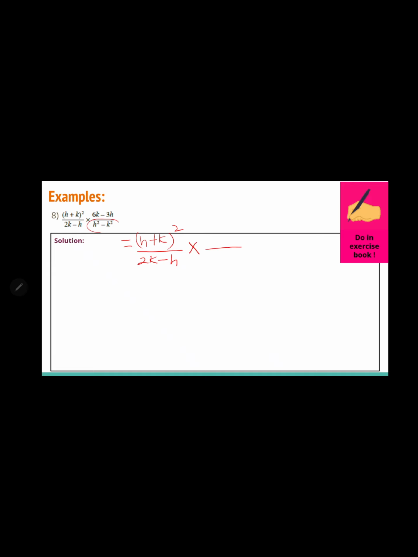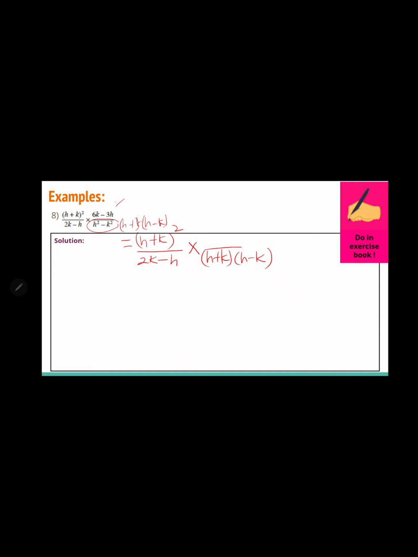Now this I can change to h plus k, h minus k, if you remember. This is a flashback. So h plus k, h minus k, because h square minus k square.